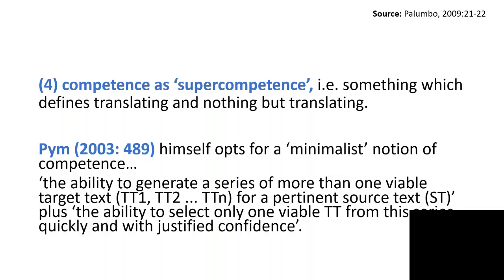Thus, plus the ability to select only one viable target text from the series quickly and with justified confidence. So that would be for Anthony Pym the more succinct or minimalist notion of competence. He takes the simplified approach, and there's a beauty in the simplicity of this definition.